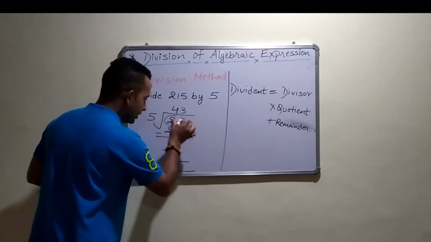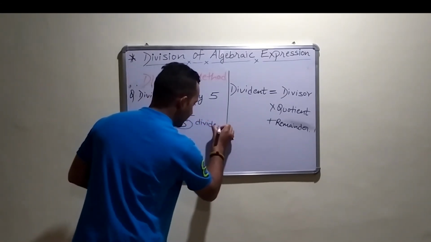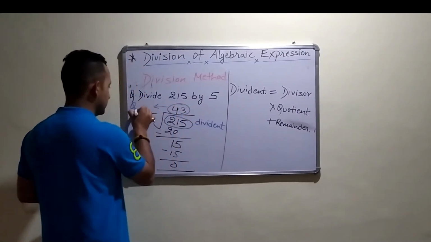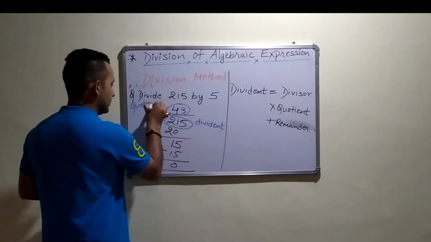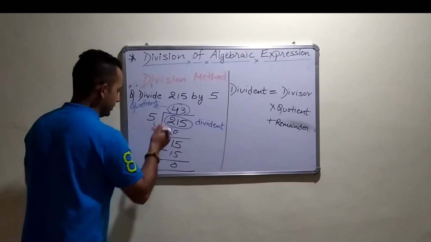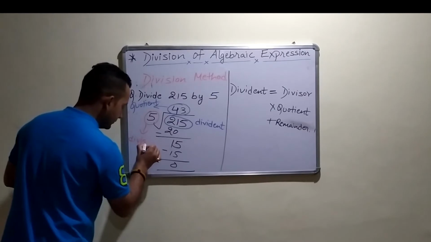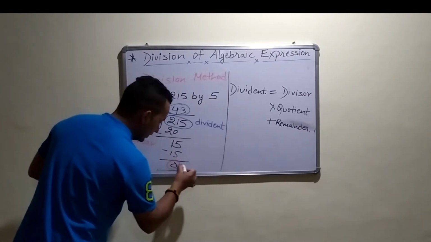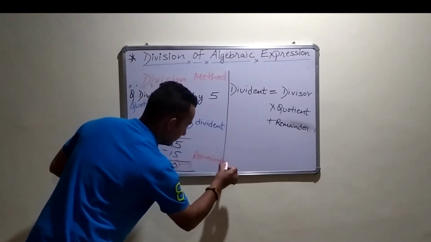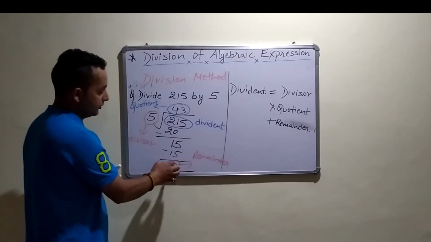The number 215 is your dividend. The number 43 is your quotient. The number 5 is the divisor, and the number 0 is the remainder. Remainder means whatever is left, so the remainder is 0.